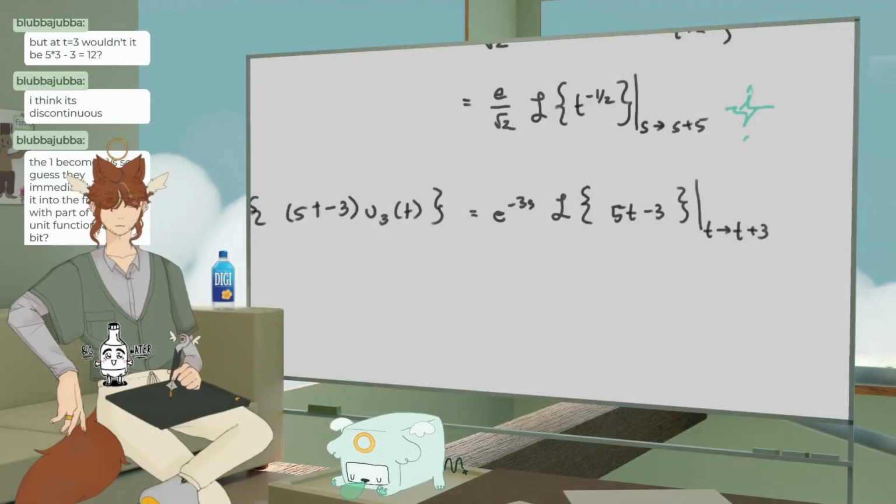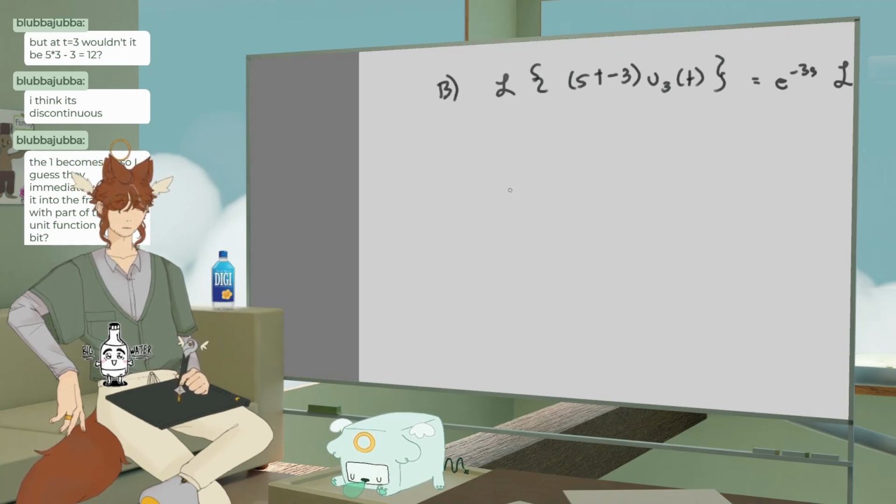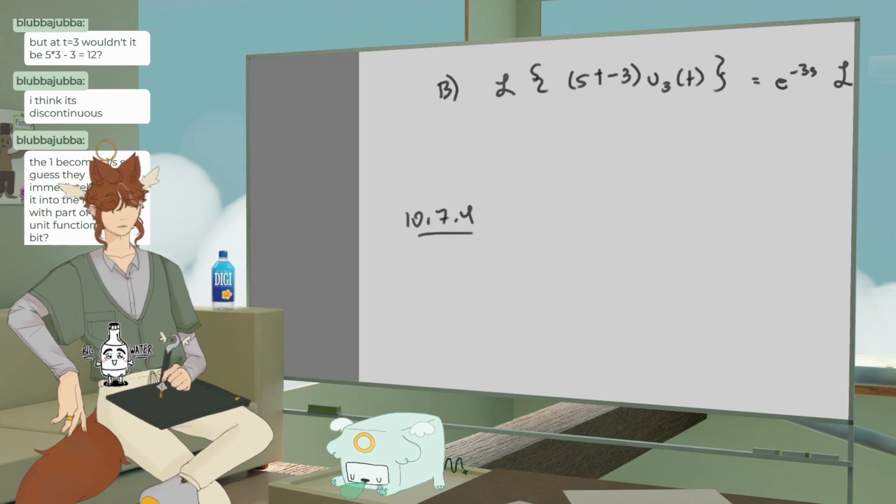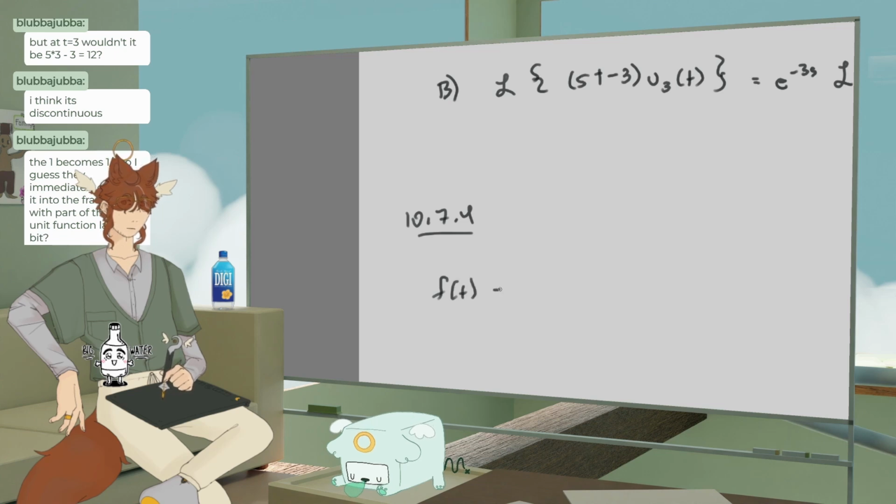Let's see if we can do this one, because I feel like if I can step through it and do it the linearity way. So this is example 10.7.4. Alright, so let's write it as a unit step function. From 0 to 2, it's just going to be 1. So we say f of t, and u of 0 of t equals 1.